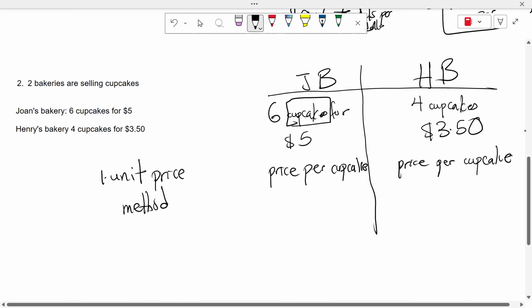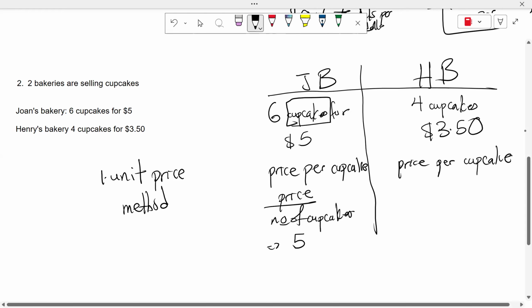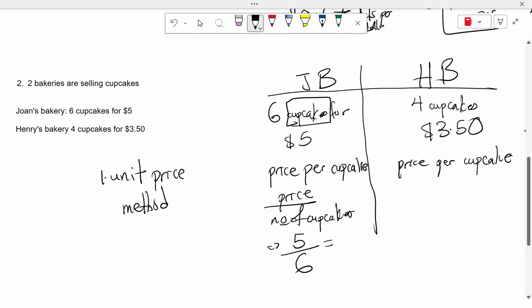That will be price over the number of cupcakes. That will be 6. What's the price? That's $5. So that's 5 over 6. Let me do the calculation. 5 divided by 6 is 0.8333 recurring.